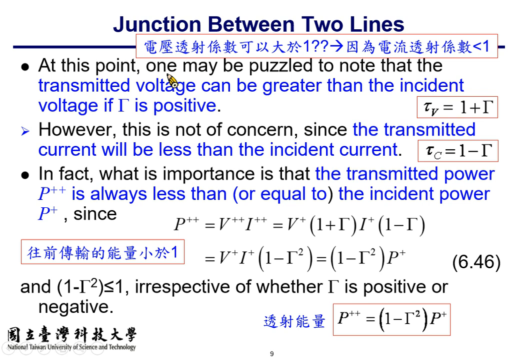So if you look at the product of this expression, you have V plus, I plus, which is what? The total incident power.